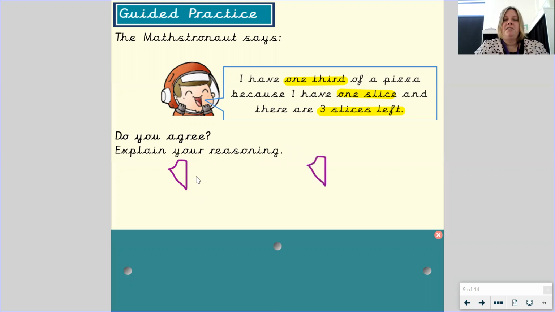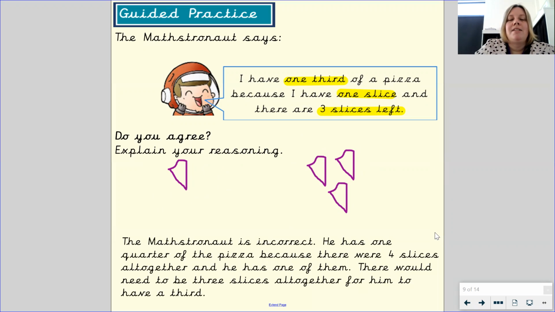So 1, 2, 3. Those are the 3 slices of pizza left. Here is the 1 slice of the pizza that the astronaut has. Let's see how we could explain this.